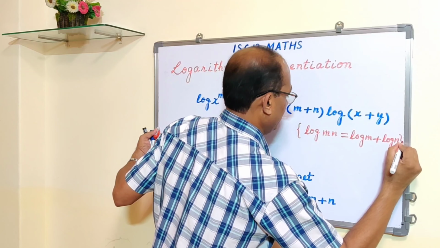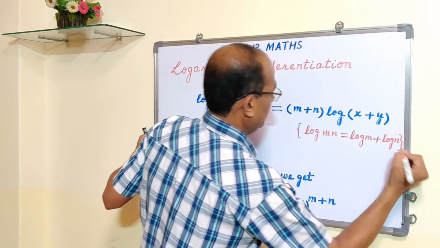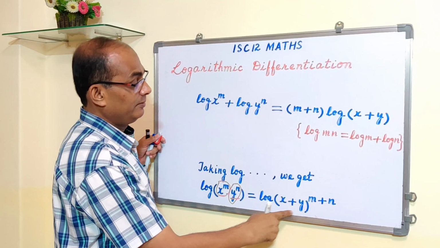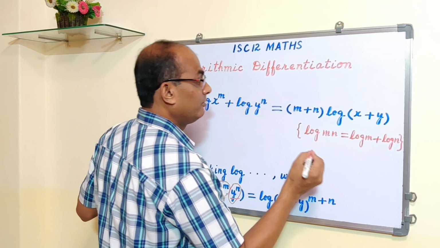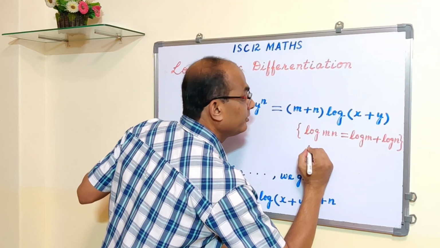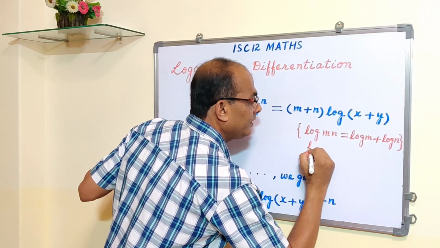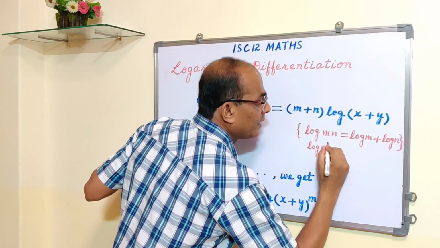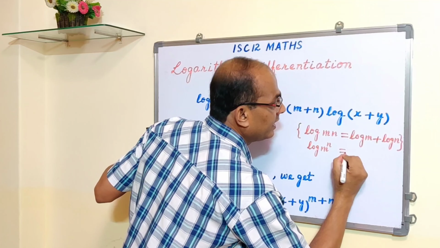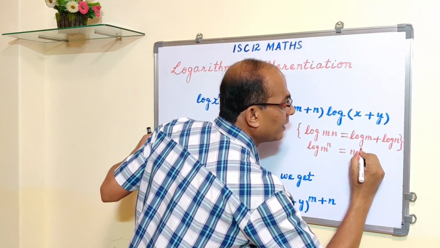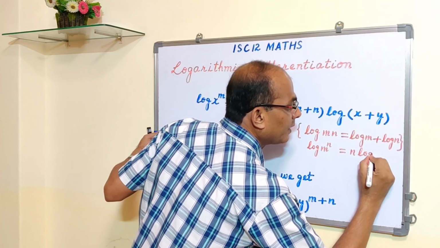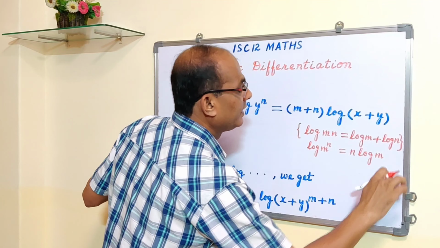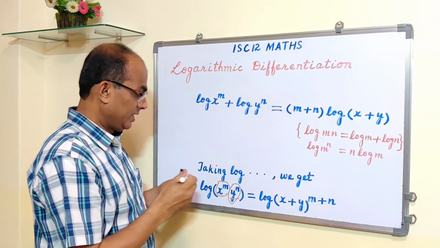This formula we have learnt in our classes. And the second formula, log m raised to the power n is equal to n log m. These are the two formulas that we have used.